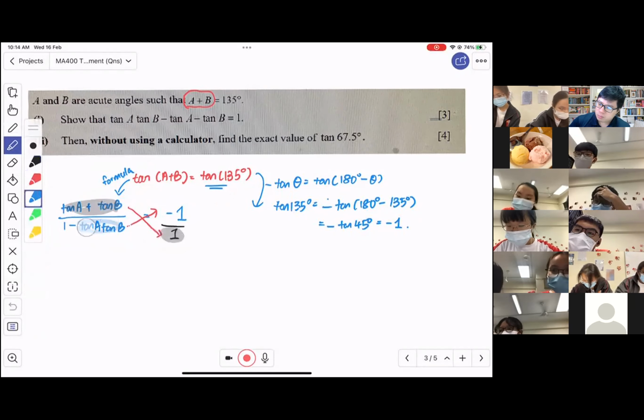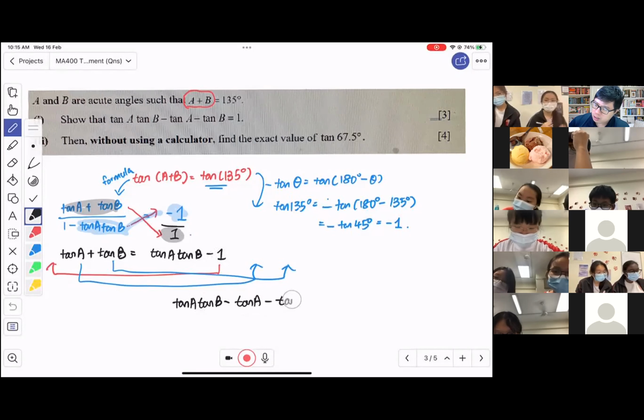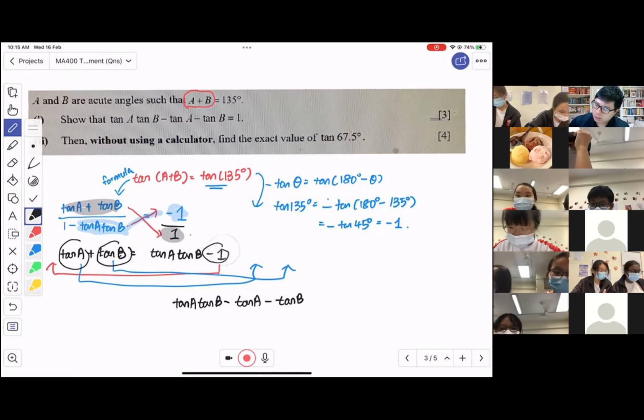So what I'm going to do is shift 1 to the left, and shift tangent A tangent B to the right. Then I have tangent A tangent B, subtract tangent A, subtract tangent B, because the 2 of them have shifted to the right and 1 has shifted to the left.